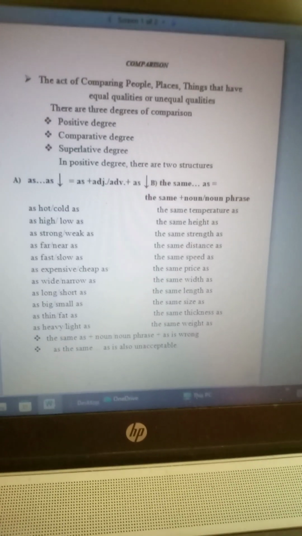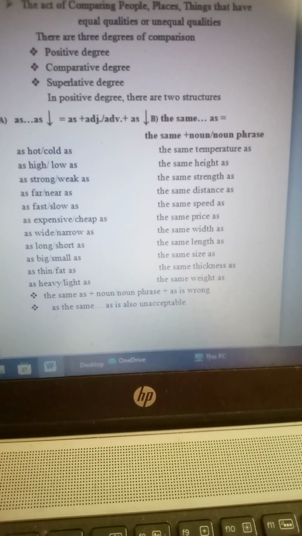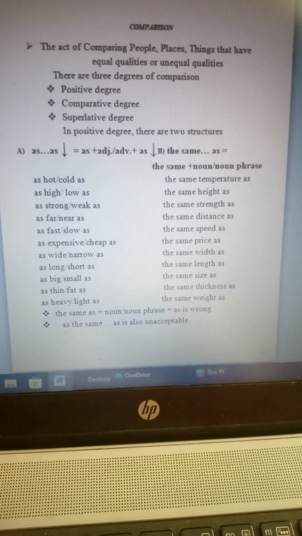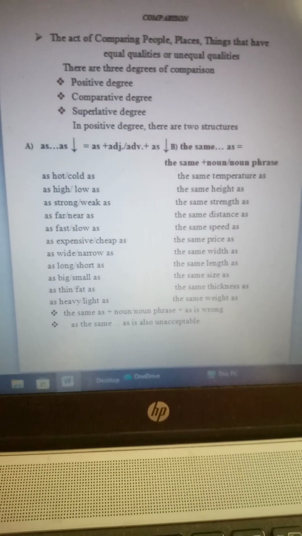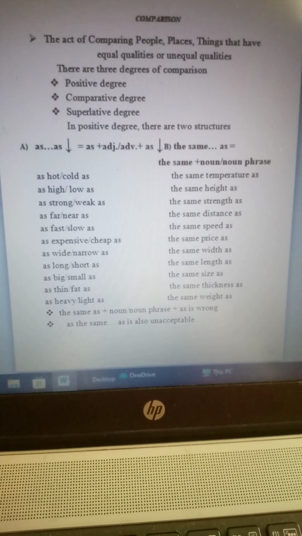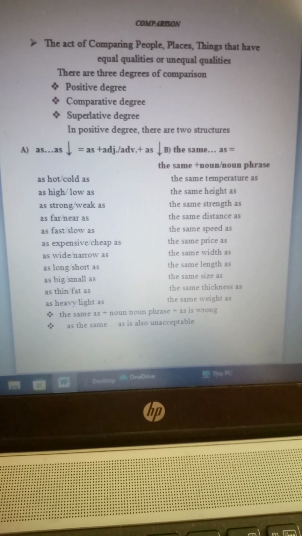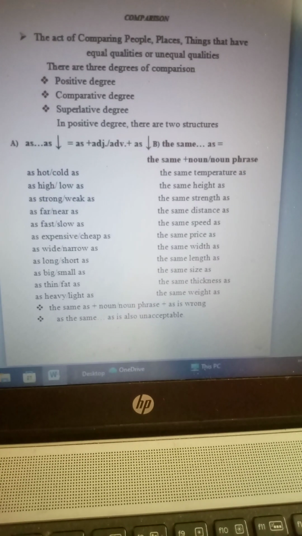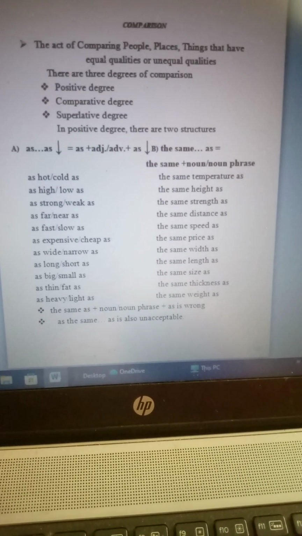That is to say, as plus adjective or adverb plus as. The second form or the second structure is the same as structure. This is the same plus noun or noun phrase or noun group.